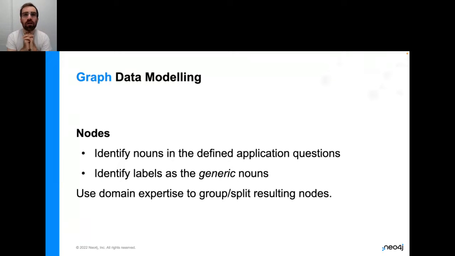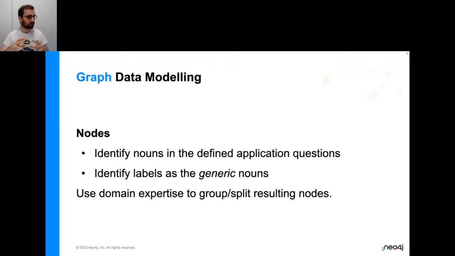Now that you have specific questions you want to answer with your data set and queries, what we recommend is that you try to identify nouns in those questions. Usually, not always, but again, that's a good way to start, nouns would be your nodes. And if you see some kind of genericity in your nouns, those are good candidates for labels.